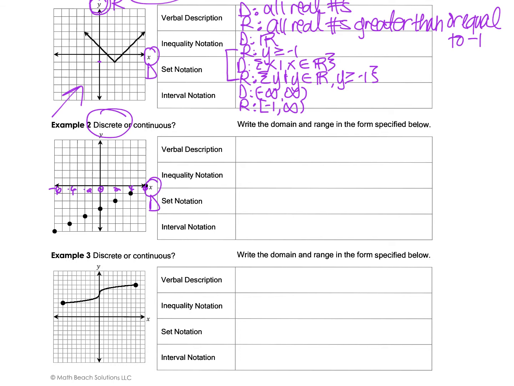So those are our x values that we're using on these points. Notice that it is all even numbers between -6 and +6, but it's not including those decimals or fractions in between each whole number. So what we're going to write for the verbal description for this domain is all even integers, which means whole numbers, between -6 and +6.